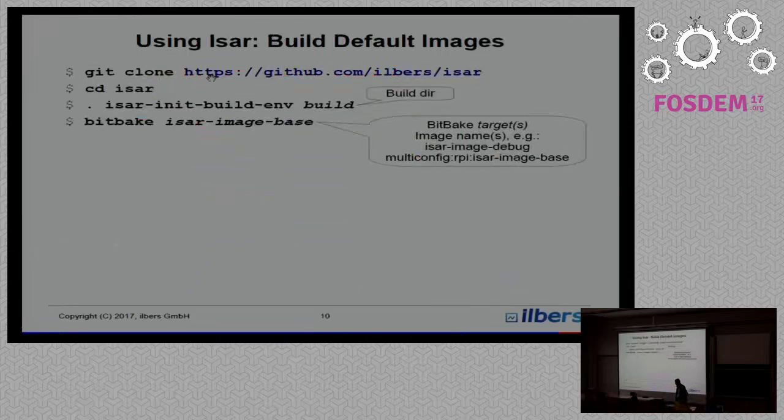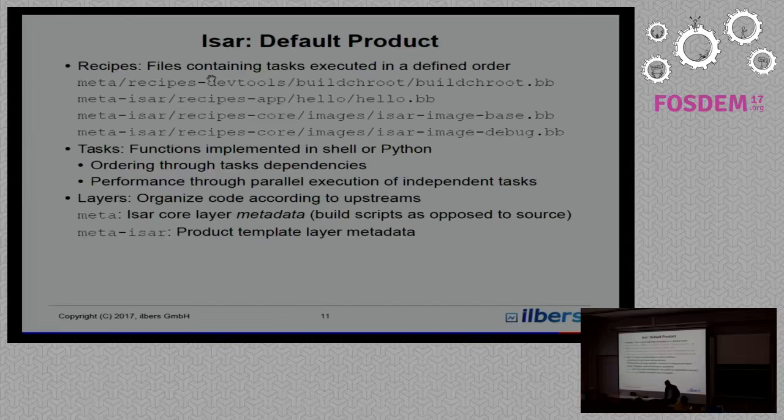So how we build images: we clone our repository, we initialize the build environment, and we create an image. If you look inside, basically the whole thing consists of 5 files, so-called recipes, and these recipes each do every small step.